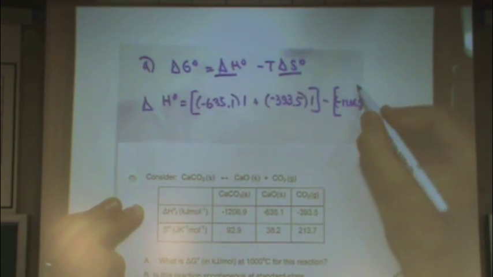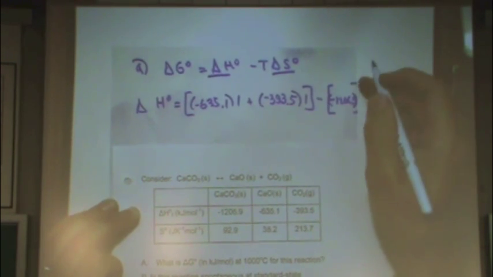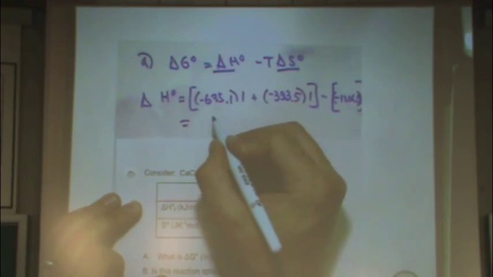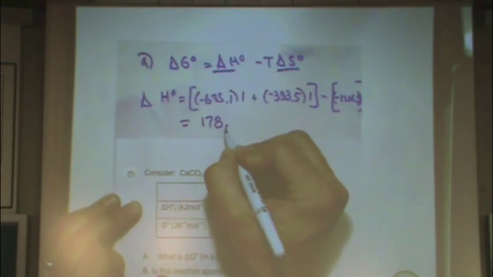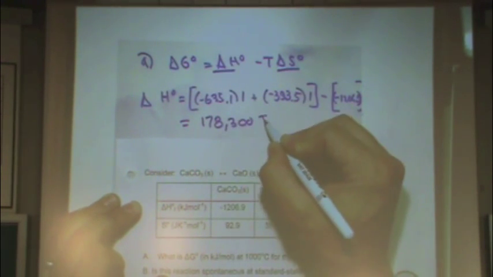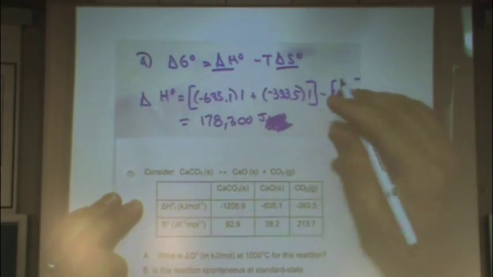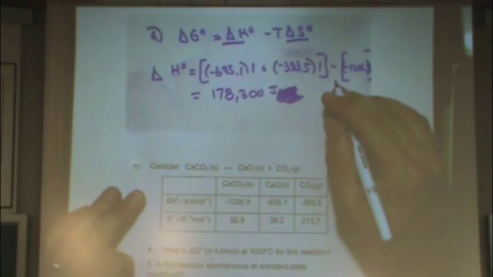Close brackets. Delta H, I got 178,300 joules per mole. Or really, I would just put in joules. So there's delta H.